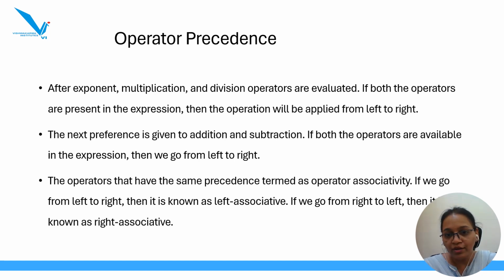And if we go from right to left, then it is known as right associative. So as you can see, exponent is a right associative operator, meaning when there is more than one exponent, we apply our operations from right to left. And multiplication, division, addition, subtraction are all left associative. Meaning when we have multiple addition, subtraction operators or multiplication, division operators in an expression, we apply our operations from left to right.